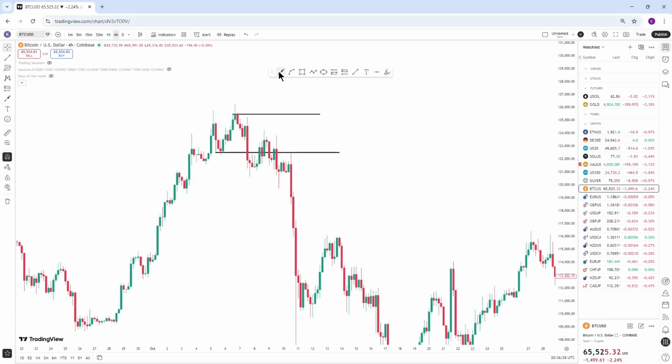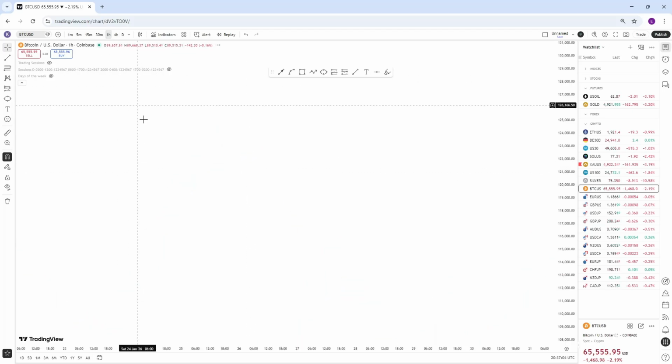It gave us an indication. You can see this indication right here. There was a low here and the high was made, and then there was a break of this low, indicating that the market wants to push to the downside, right?